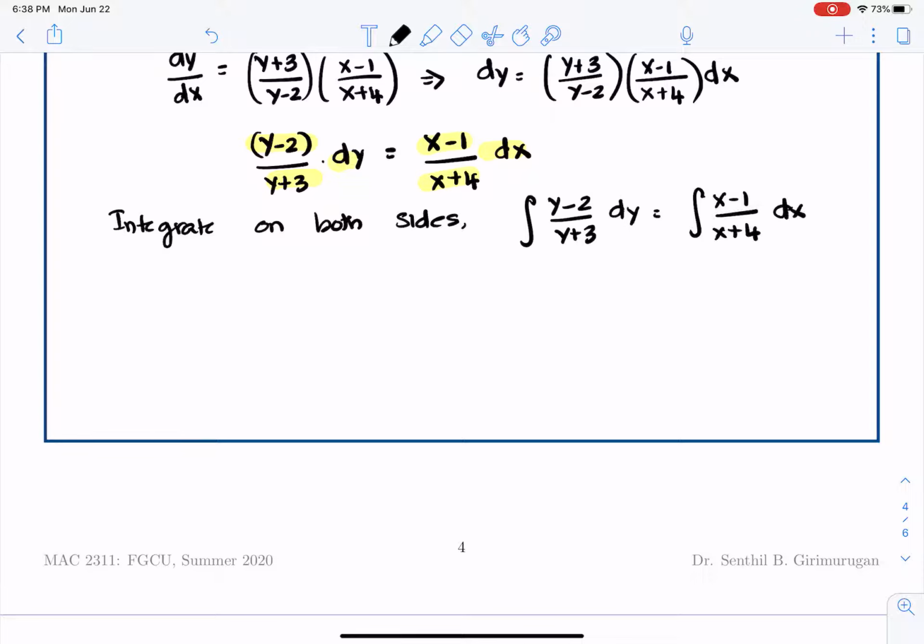There's an algebraic trick here that we can do. So what I'm going to do is add and subtract 3 in the numerator. I'm going to add and subtract 4 in the numerator on the other side also.